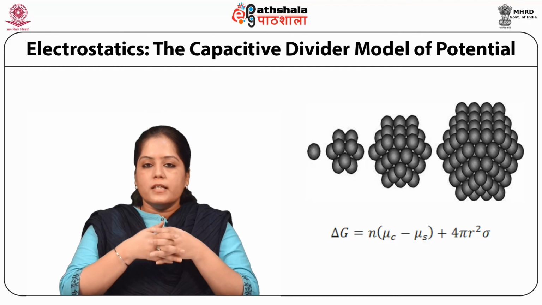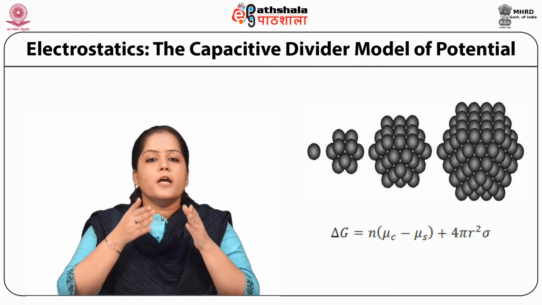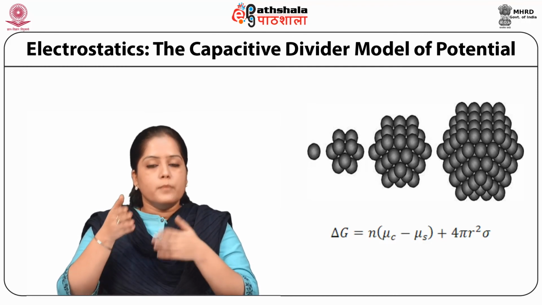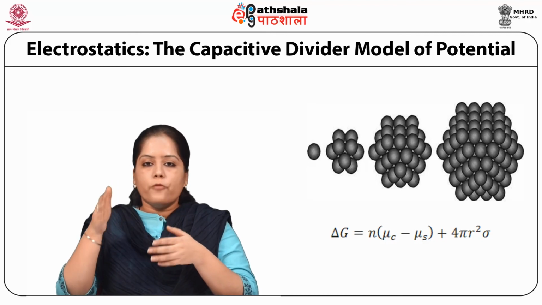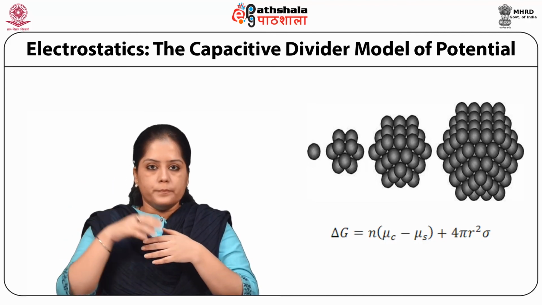Now delta G equal to n multiplied by (mu C minus mu S) plus 4 pi r squared sigma.